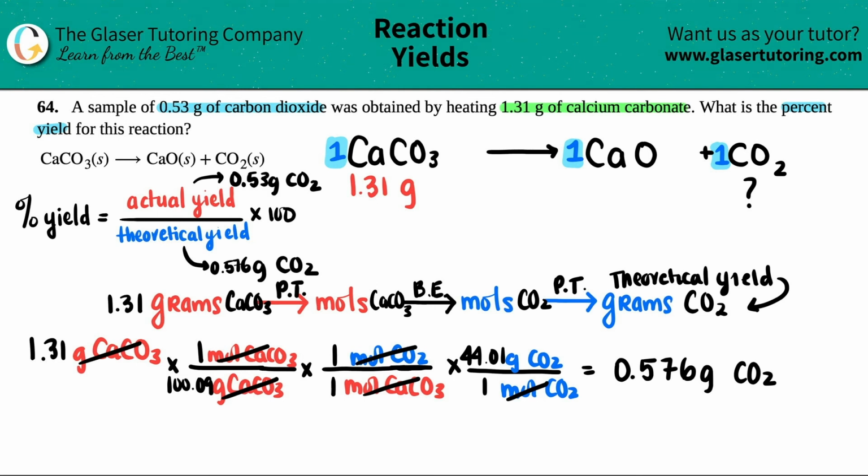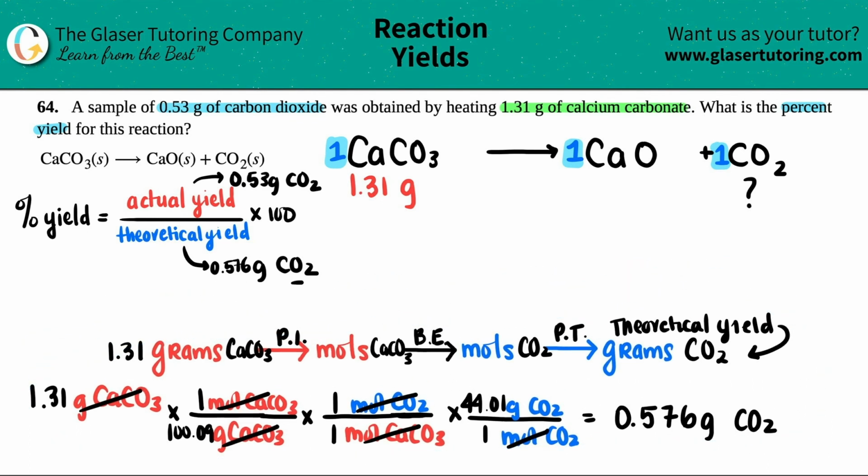So maybe I'll move all of this down a little bit. Now I'm just going to write over here, percent yield equals the actual yield. That's what they told us, 0.53, divided by what we should have gotten in a perfect world, 0.576, and then times 100.